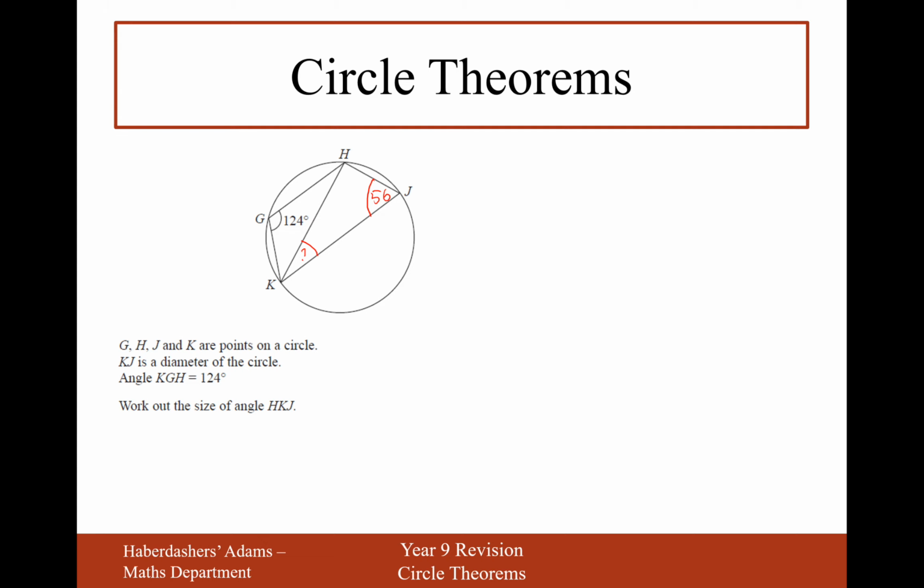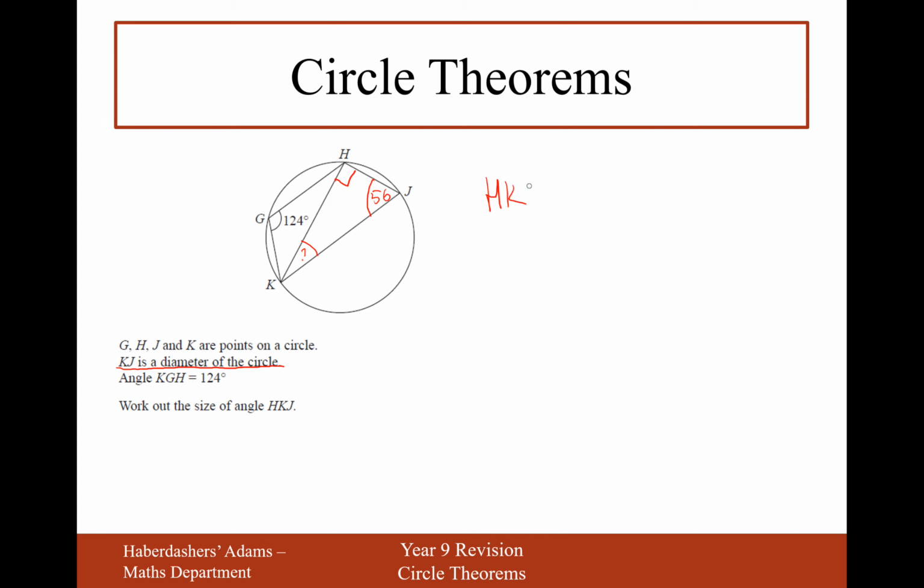Once I know that that angle there is 56 degrees, I will be able to work out, oh, we've got KJ as the diameter, so we needed to actually read this question. So if we know that's the diameter, then I know I've got a 90 degree angle here. Here we are, I've just cracked this question now.